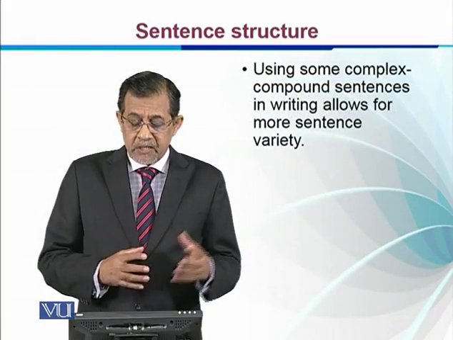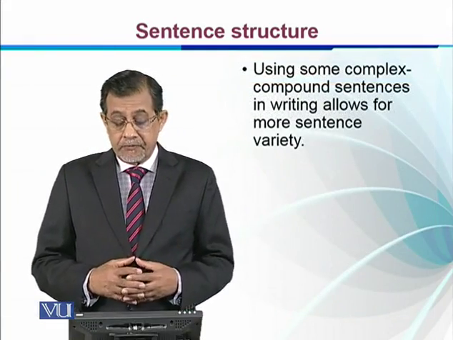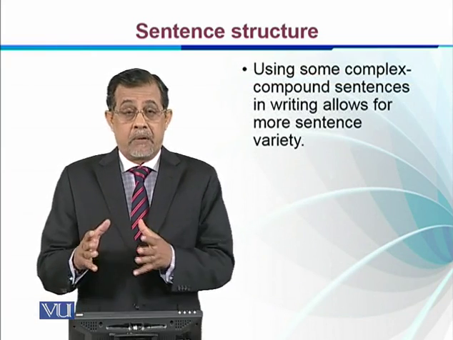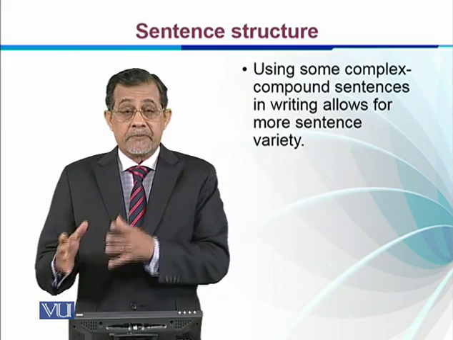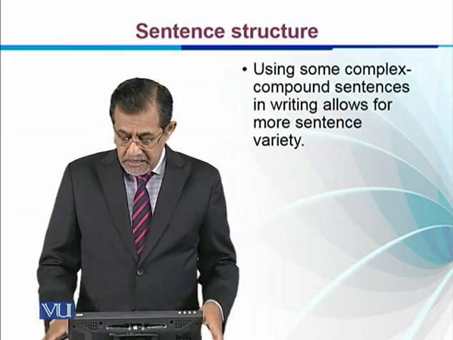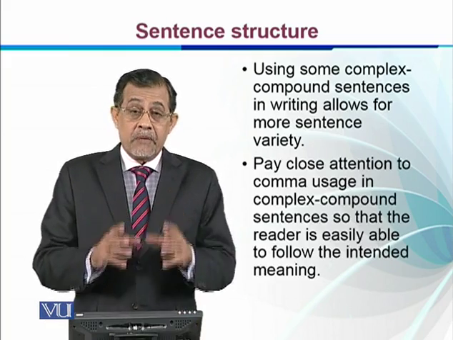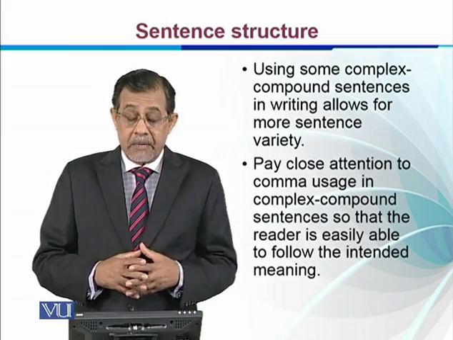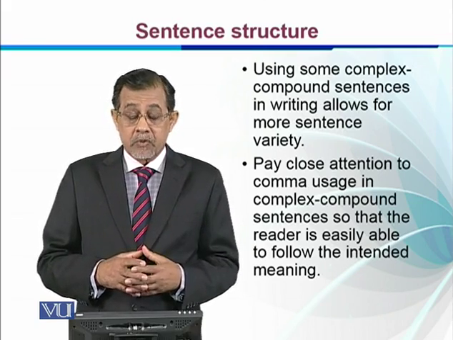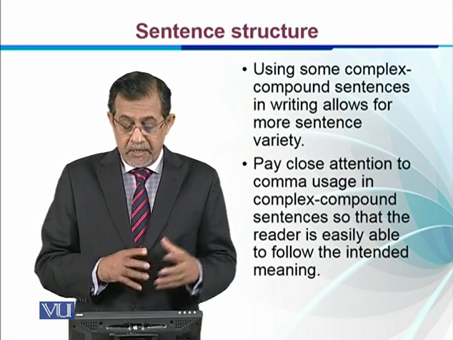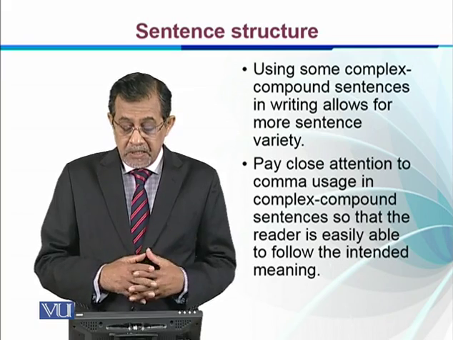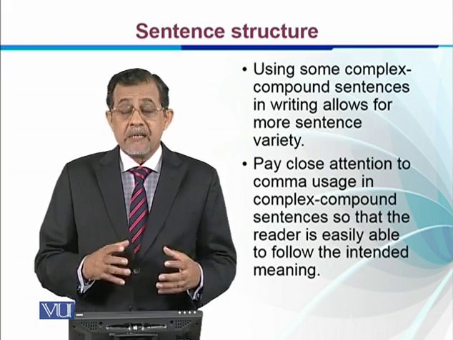Using some compound-complex sentences in writing allows for more sentence variety. So why do we use compound-complex types of sentences? Because they bring variety to our sentences. And one thing we must keep in mind: whenever you are using these compound-complex sentences, pay close attention to comma usage so that the reader is easily able to follow the intended meaning.